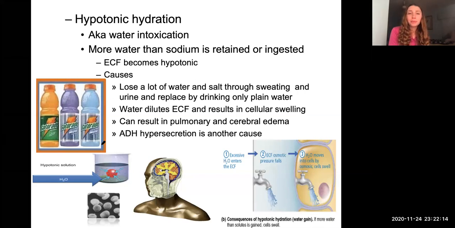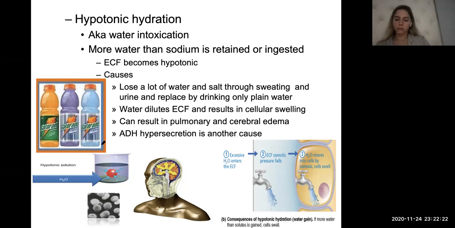All right. Hypotonic hydration, aka water intoxication. There's more water than sodium ingested. ECF becomes hypotonic, so water will go out of the extracellular fluid and into the intracellular fluid, right?